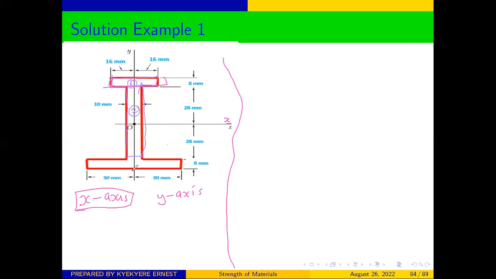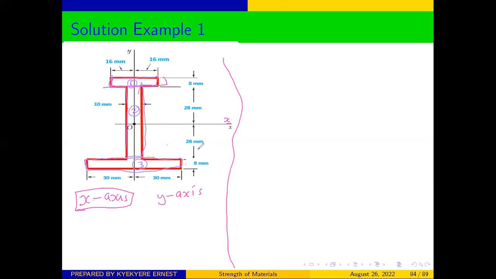Always divide it into smaller sections for which you know the formula to calculate the moment of inertia. We have already seen the formula for calculating the moment of inertia of a rectangle. So we can divide our complex structure into small areas whose moment of inertia we can easily determine.